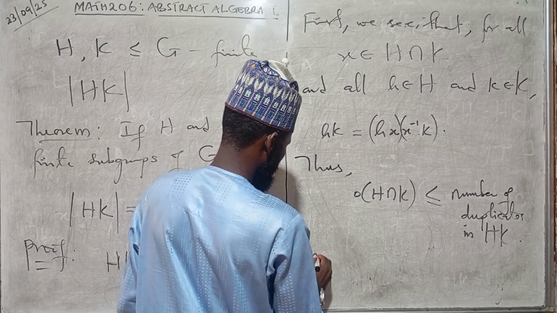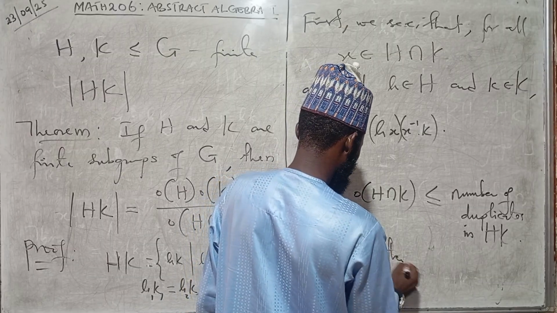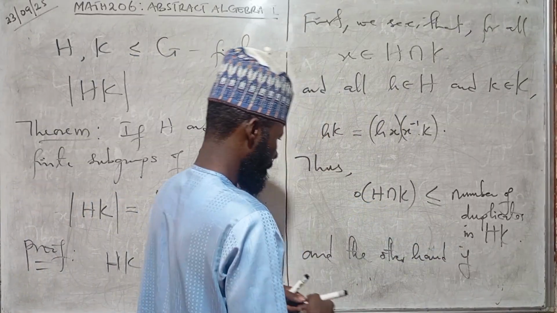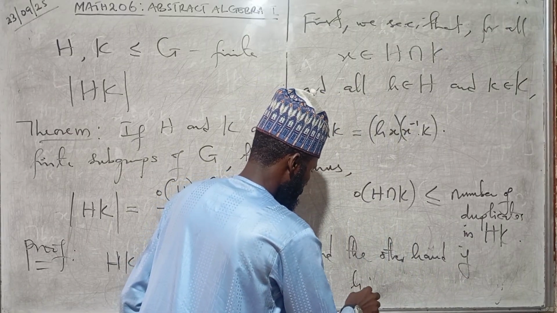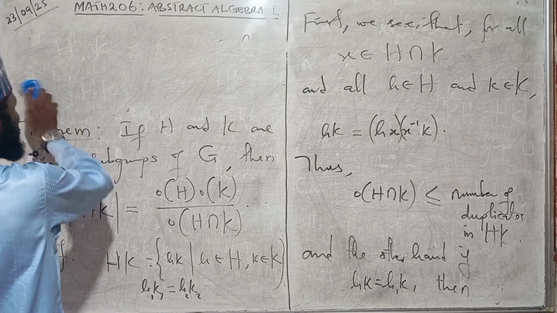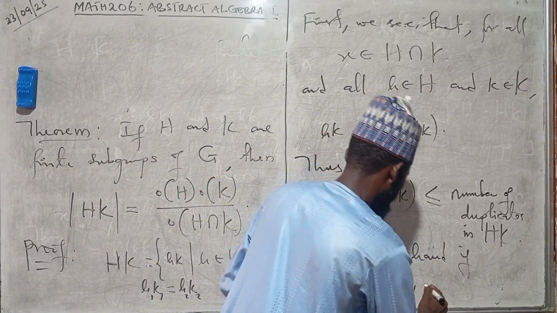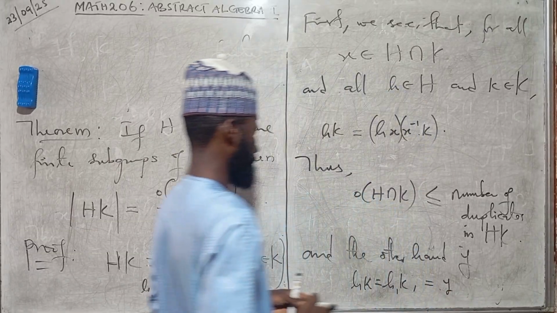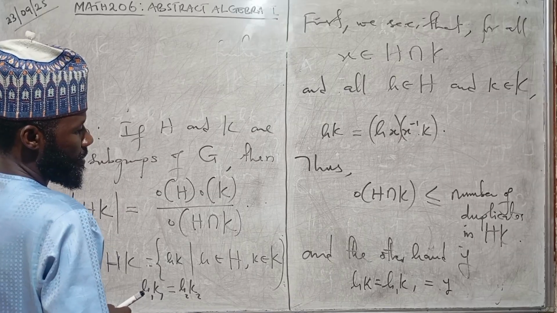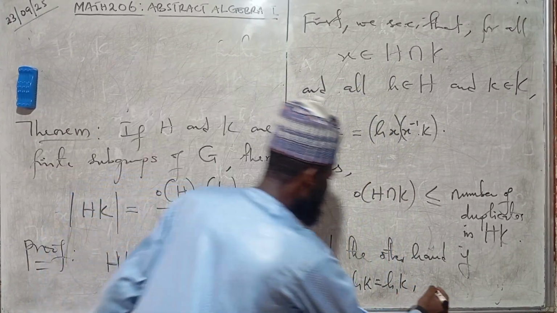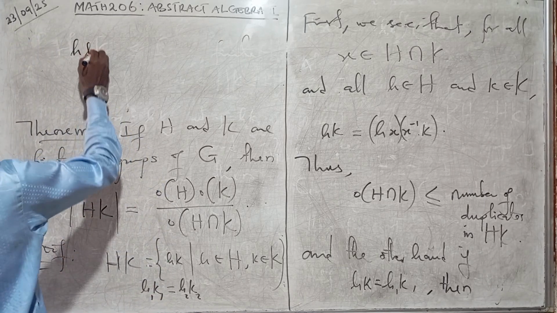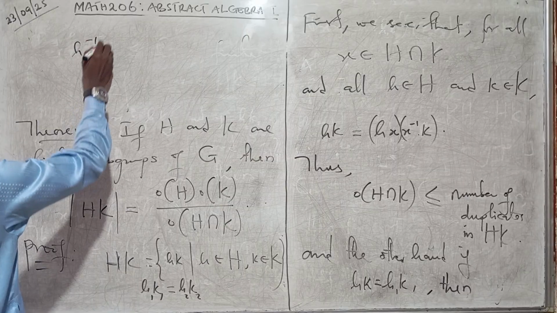And on the other hand, if we take a duplicate in here, that is, if we take hk equal to h1k1, then h1 inverse h is equal to k1 k inverse.